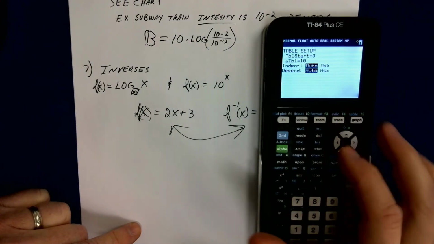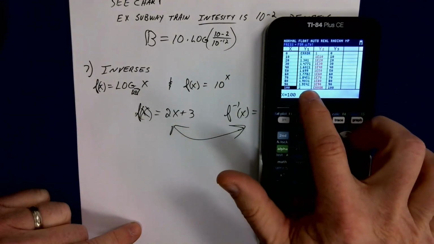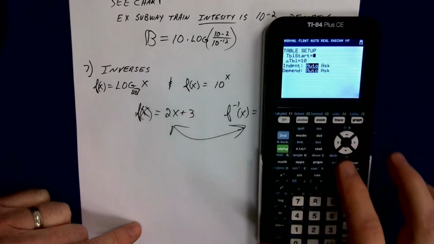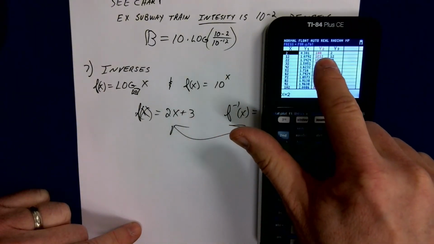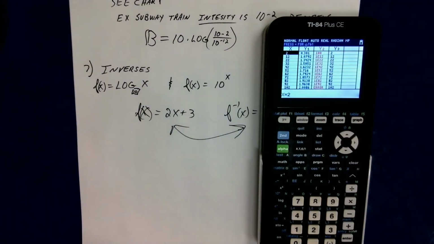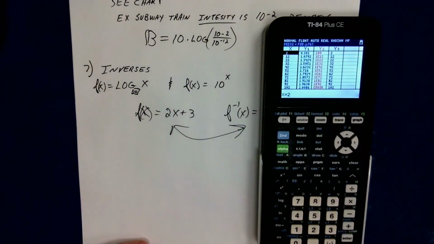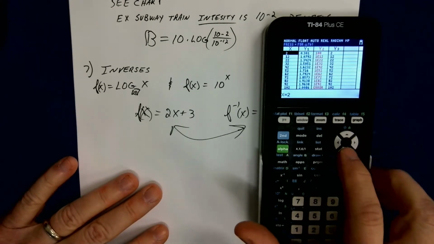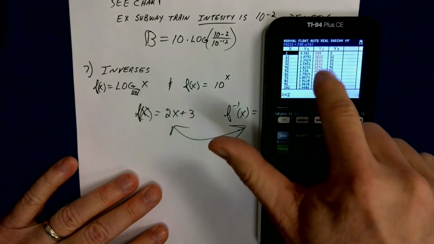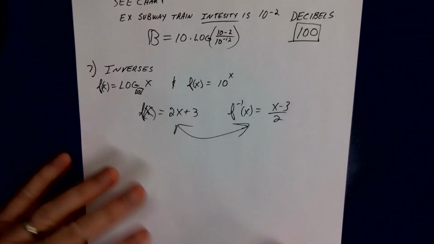So 100 gives me a 2, and 2 gives me 100. You can see that they undo each other. And of course, the numbers get way too big on some of these really quickly, the exponentials. But that's what allows us to convert to these other scales.